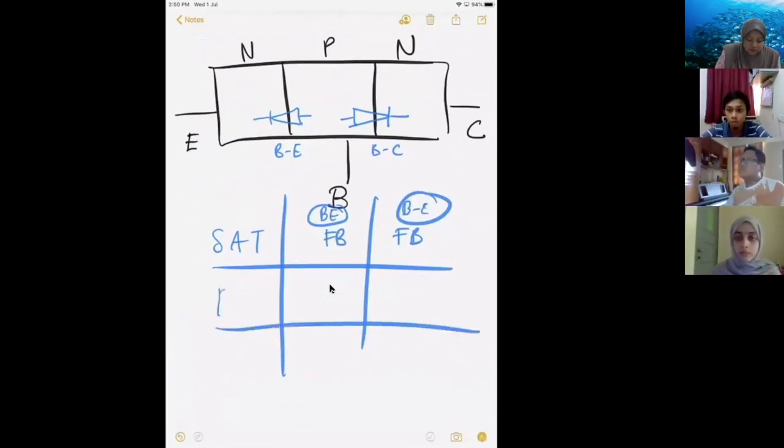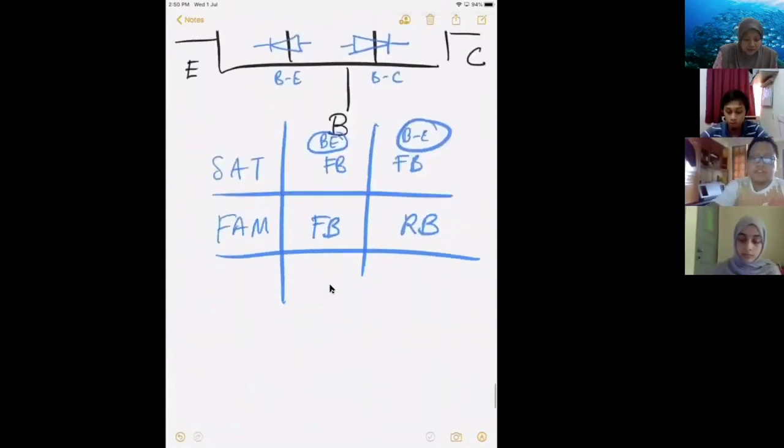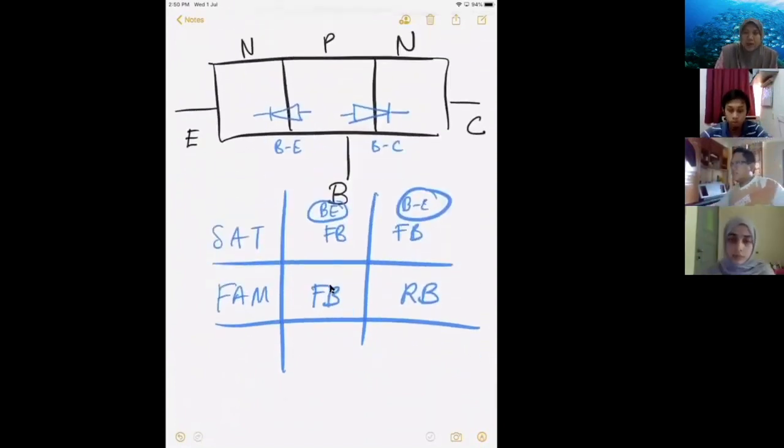In forward active mode, you forward bias the base to emitter junction, but you reverse bias the base to collector junction. It's just a diode. Now let's see what happens. Now we talk about how the carriers move, and then later we'll talk about the energy band diagram.